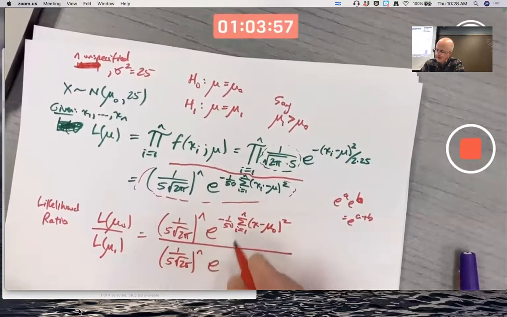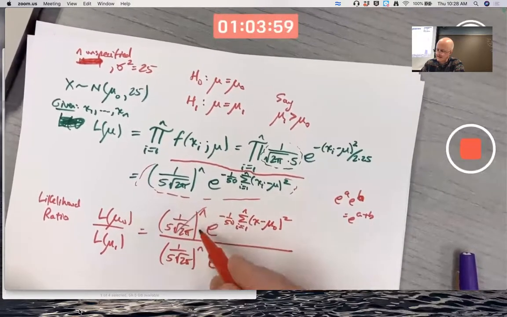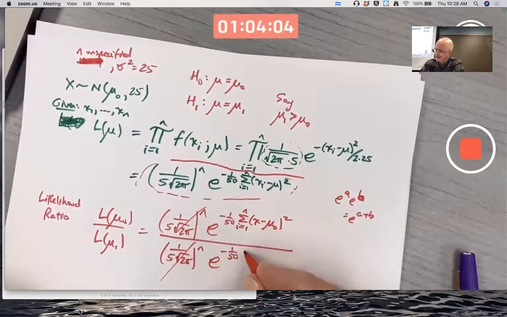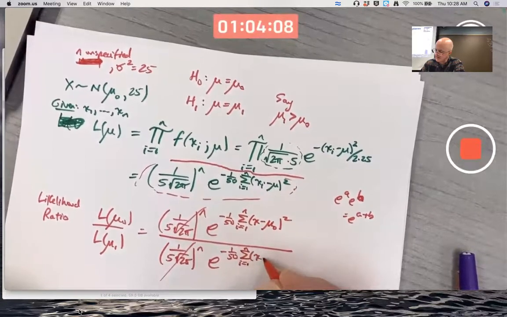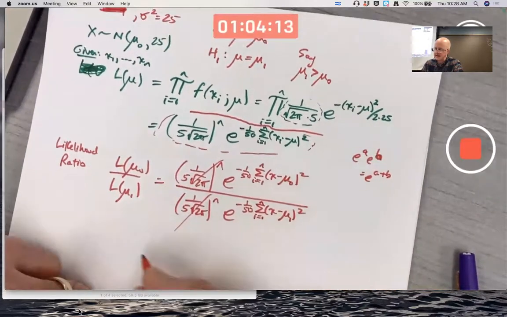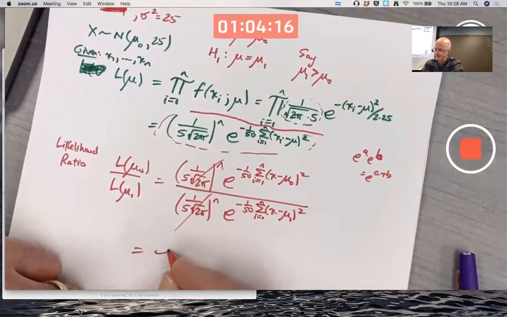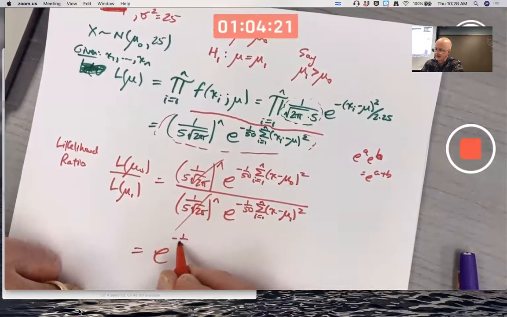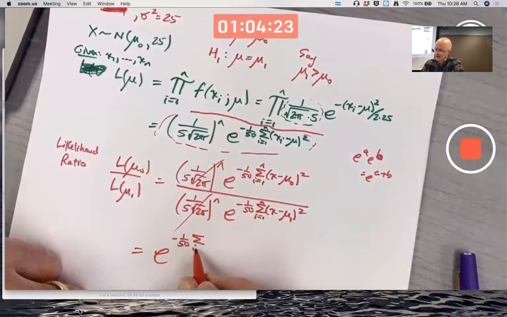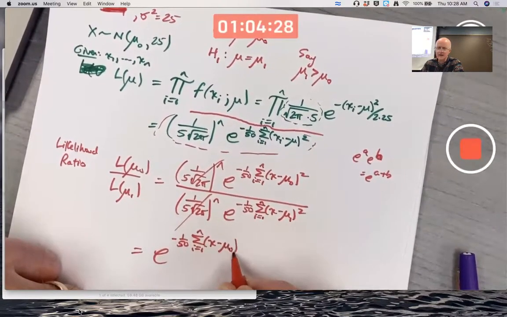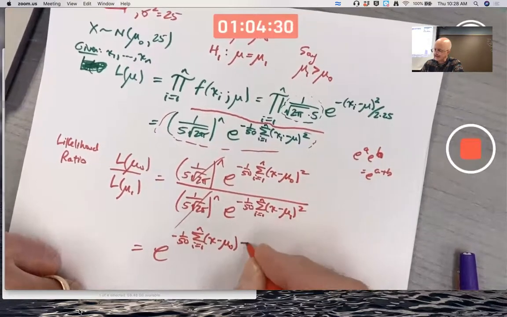One nice thing about doing the ratio is this crazy thing cancels. And then I've got the ratio of 2 powers of e. I can use another property of exponents to write that as just e to 1 power, where I subtract the bottom exponent, which means I'll get a plus sign.